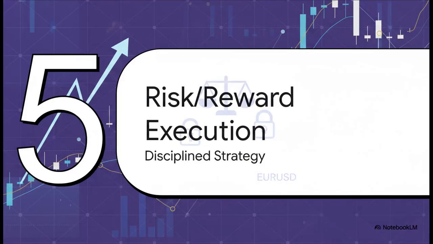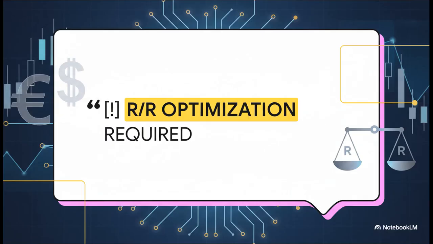Finally, Section 5, execution. This is where we transform raw analytical data into a highly disciplined emotionless trading machine. According to the inviolable rules of the BBROTHER FX protocol, we get a mandatory directive here. Risk/reward optimization is required. The system doesn't tolerate mediocre entries. To ensure institutional-grade profitability, every single parameter has to be calibrated to the decimal.